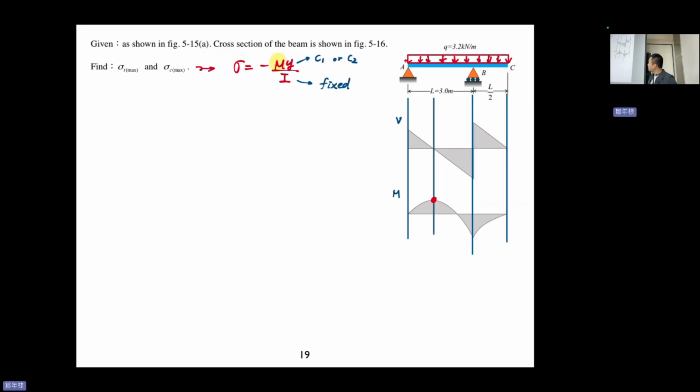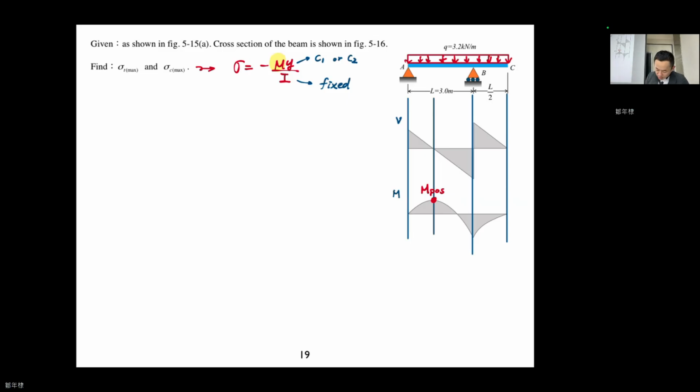Here, right? This is the maximum M, but I should say M positive. Because we also talk about compressive and tensile, positive moment M may result in both tensile and compression.